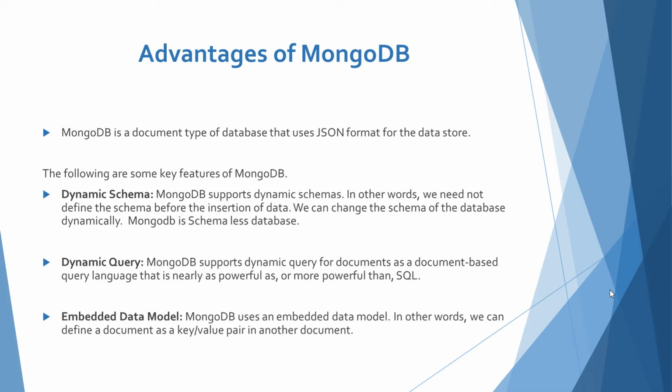We create the structure and then insert the data. But in MongoDB, there is no structure. It is a schemaless database and we are not defining any structure. It's a dynamic schema. We can insert the data without a schema. That is the reason it is called dynamic schema.